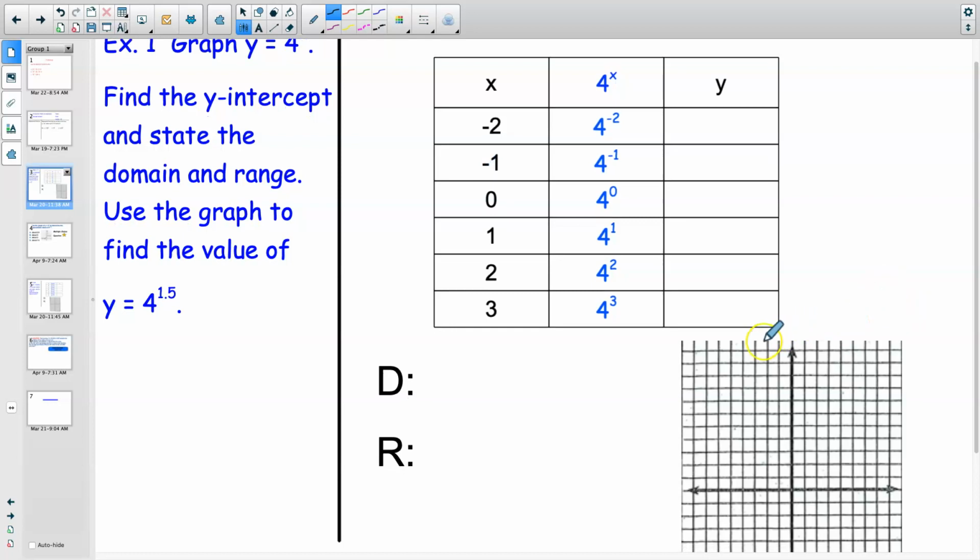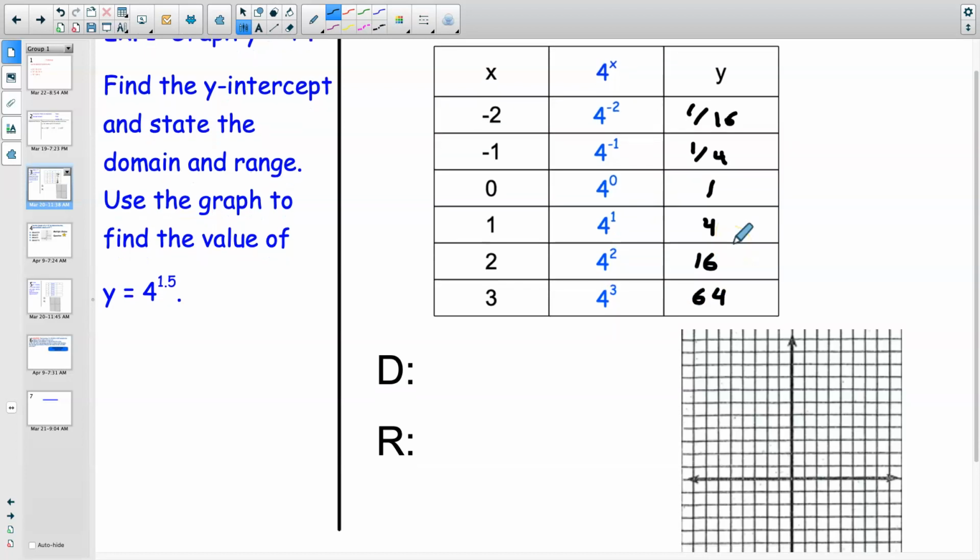So x being -2, and then y, 4 to -2 would be 1/16. 4 to -1 would be 1/4. 4 to the 0 is 1. 4 to the first is 4. 4 to the second, 16. And then 4 times 4 times 4 is going to be 64. So let's graph those then.